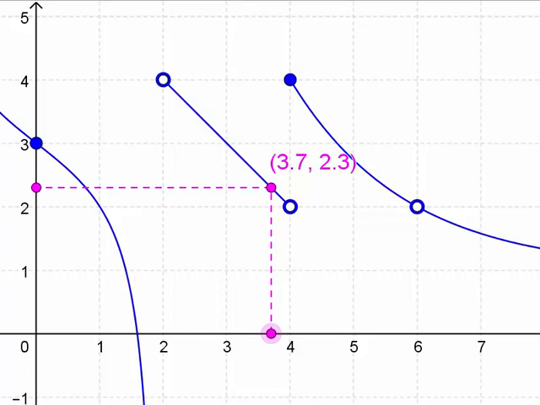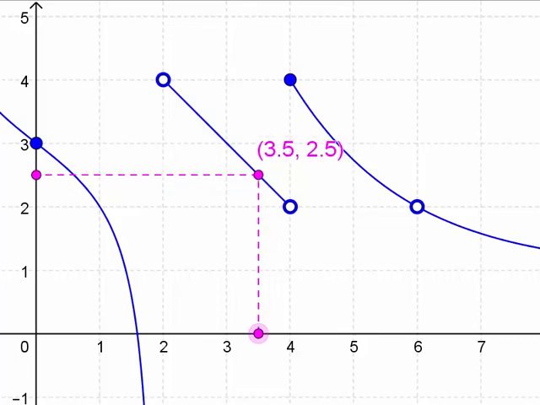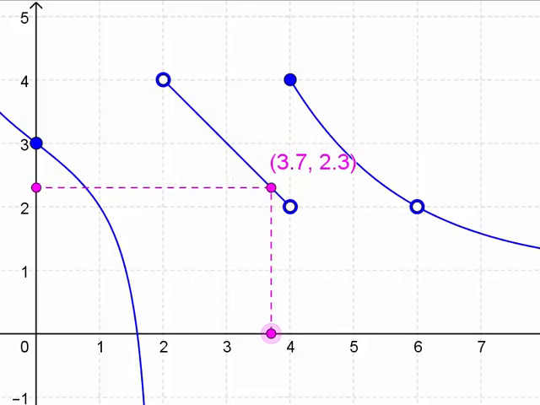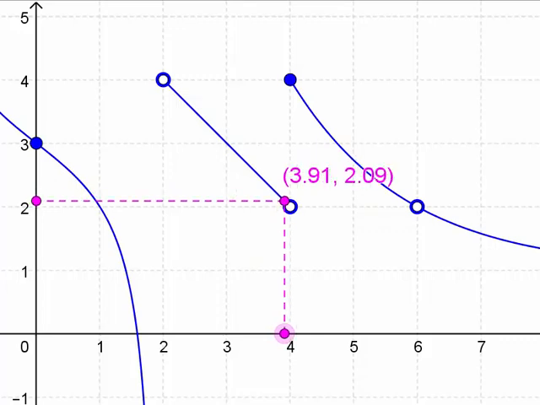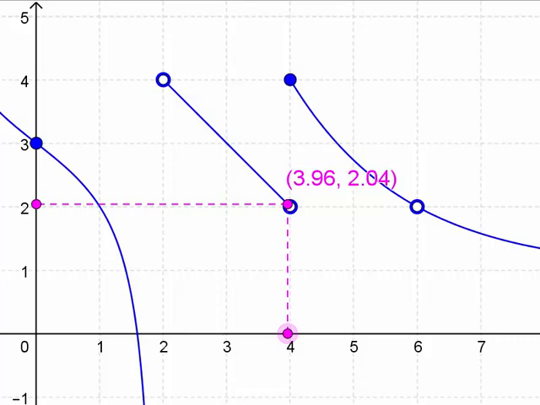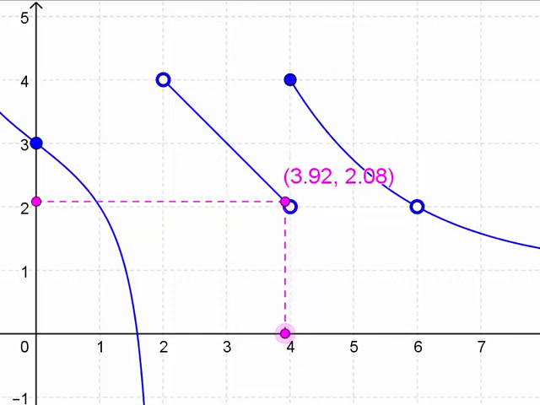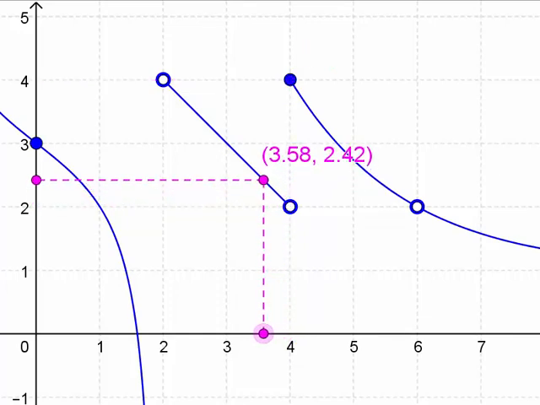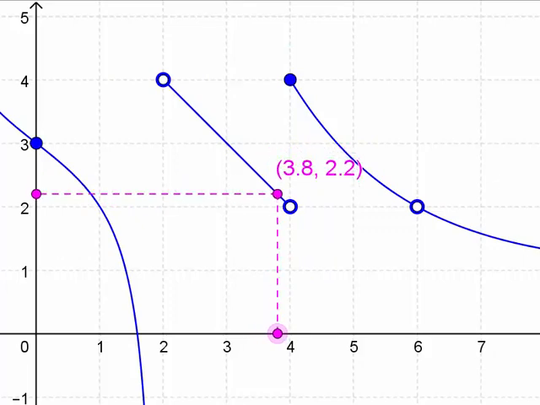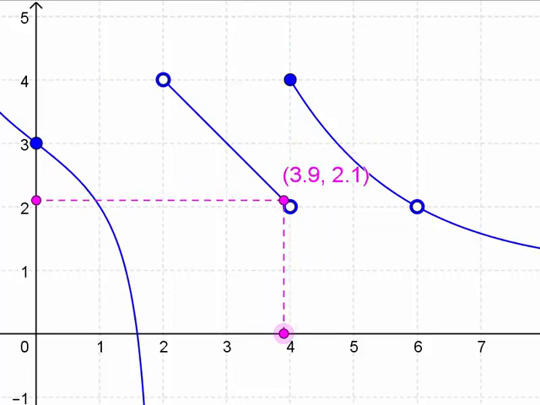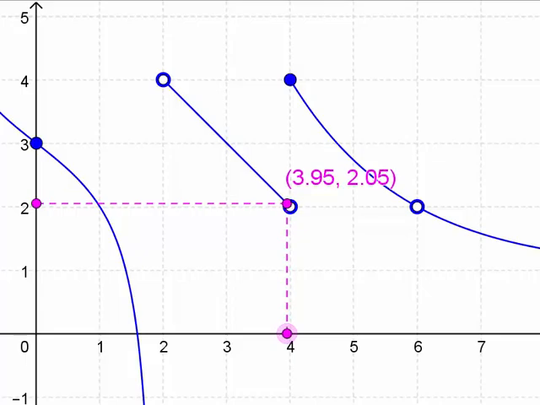The y value is 2.5, 2.4, 2.3, 2.2, 2.1. Clearly the y value is approaching 2 from the left. Once I actually reach 4, the y value is something else, but that doesn't matter when we're talking about the limit. The limit is all about the approach. So, one more time, from the left, the y value is approaching 2.